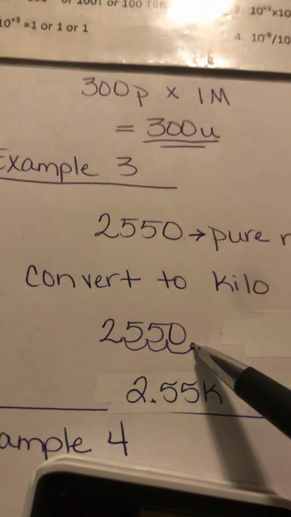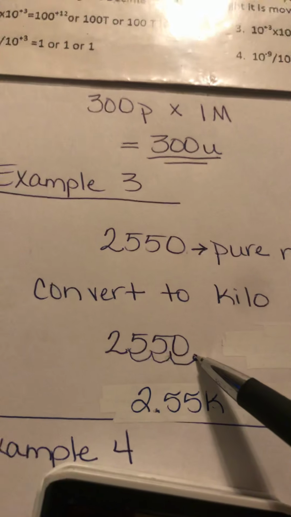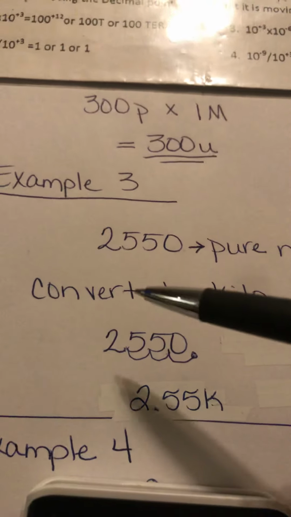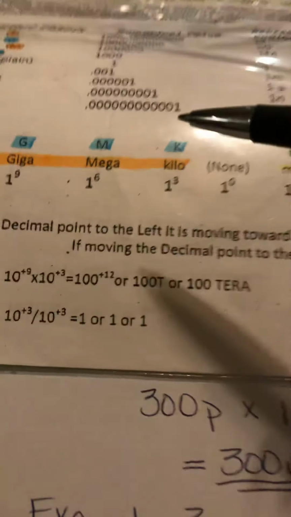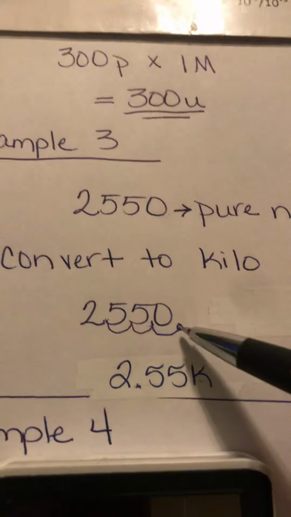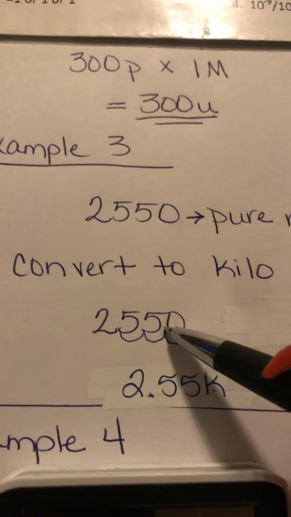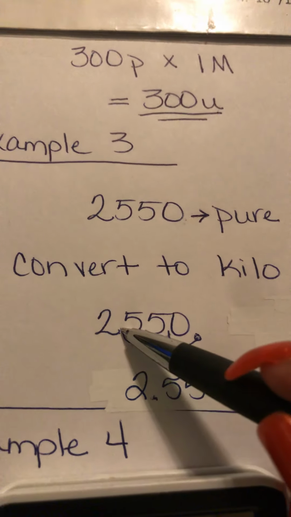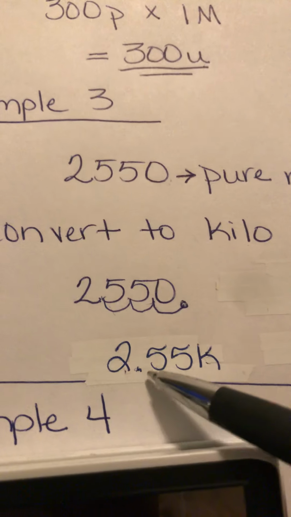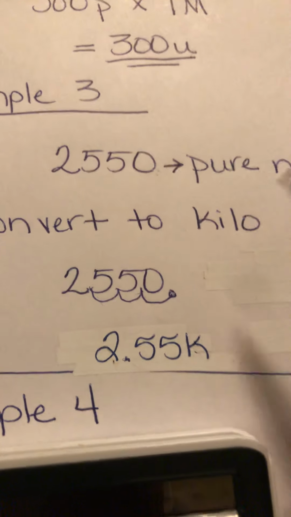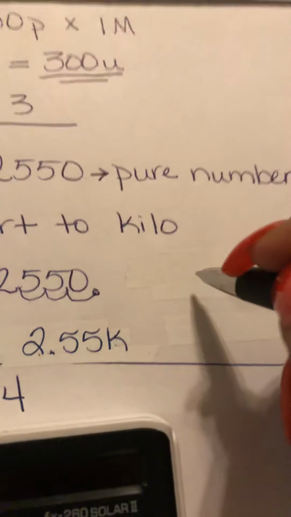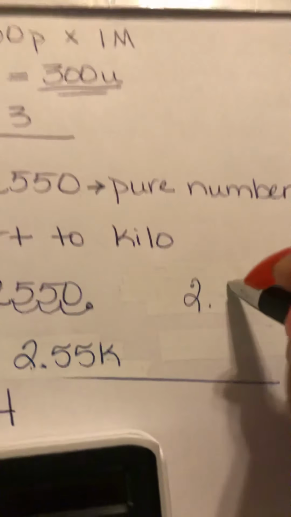So right there, our exponent is 0. So if we move to the left, we're going to be in positive numbers. All right, so 0, 1, 2, 3. So I have 2.55K.